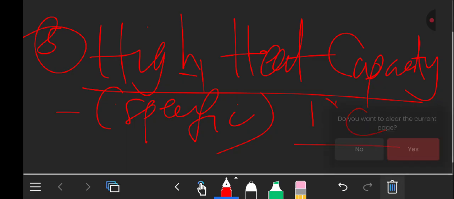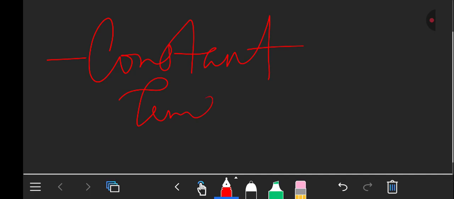Now, what is the importance of water having high heat capacity? The importance is that it is able to maintain a constant temperature of a substance or of an organism. For example, our bodies are made up of organelles, and maybe enzymes.